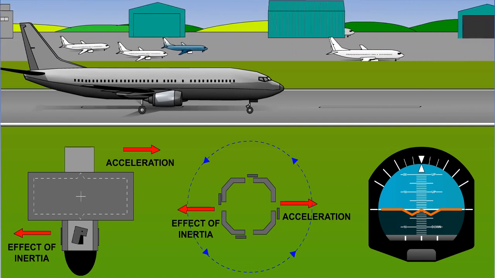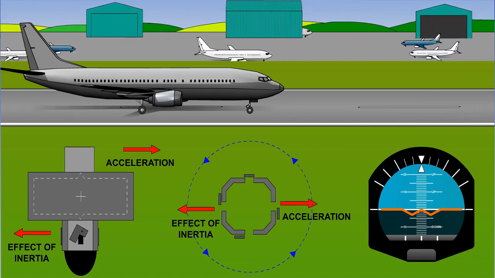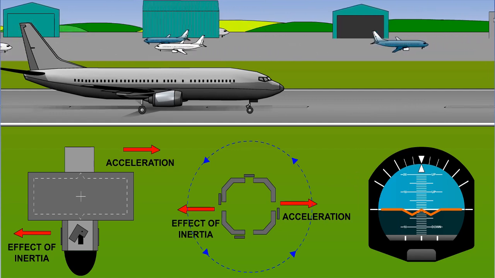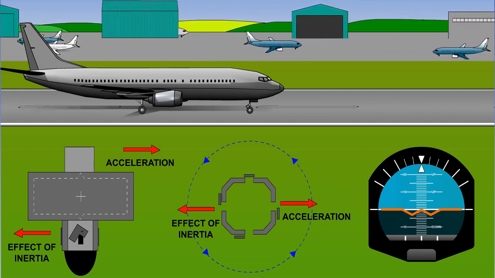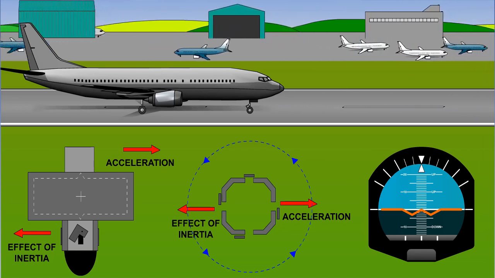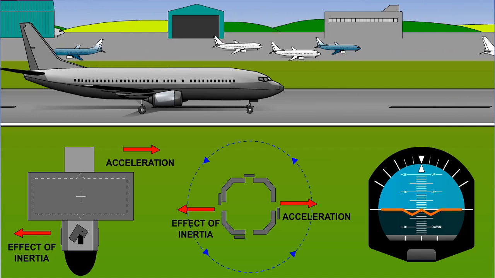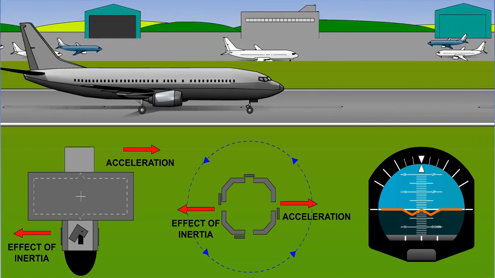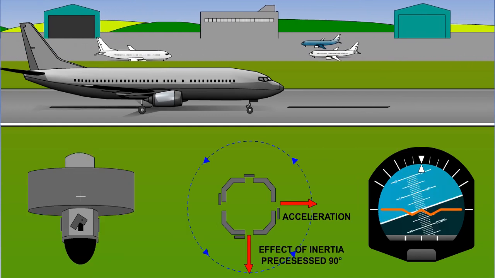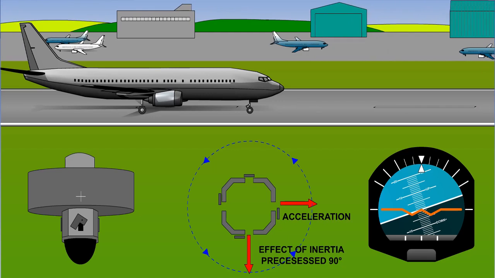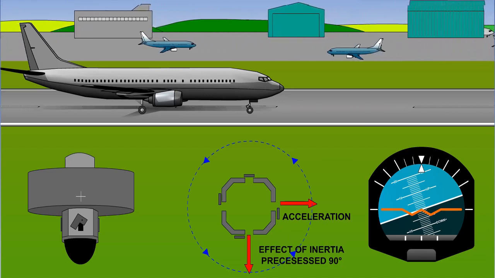During a straight and level acceleration, the heavy base of the rotor housing tries to lag. However, this force will be precessed, which results in the rotor housing moving to starboard. If the rotor housing moves to starboard, the whole gyro assembly will tip to port. This gives a right wing down indication, or in other words, a turn to the right indication.